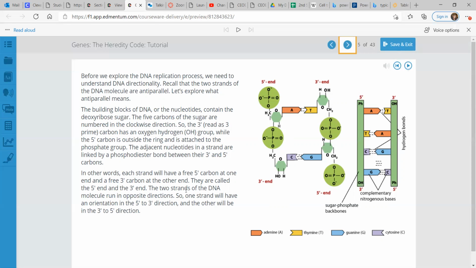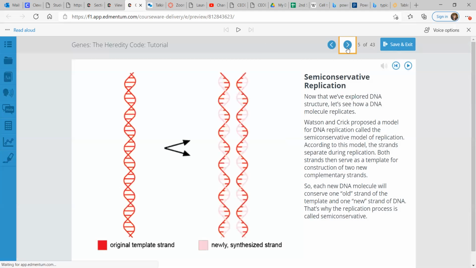So one strand will have an orientation in the 5 prime to 3 prime direction, and the other will be in the 3 prime to 5 prime direction. One's going this way, the other one's going the other way. Anti-parallel. Now, here's the original template strand, and then we have the newly synthesized strand.